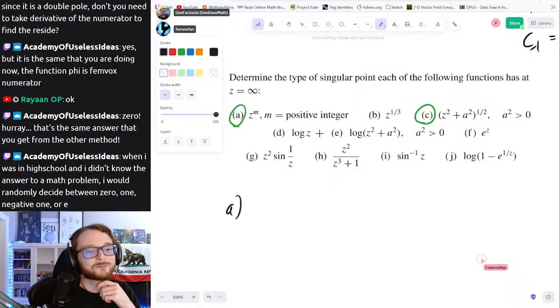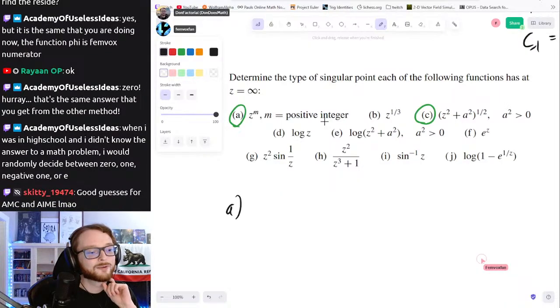Positive integer. So let's just choose 1. How about... So z or z squared. Wait, for this one, this is not a good one to guess 1 on.